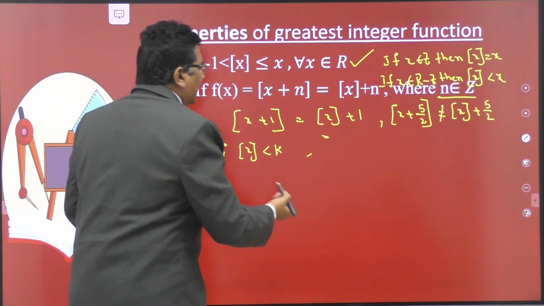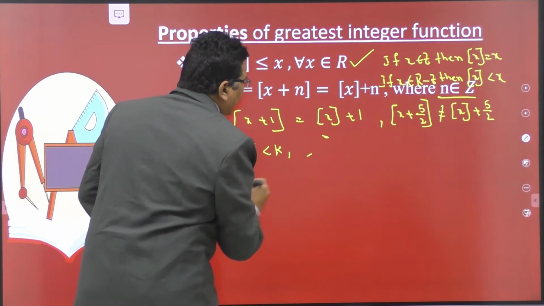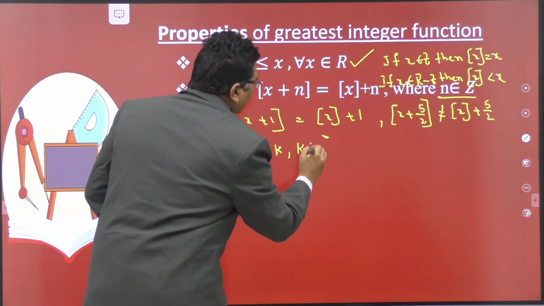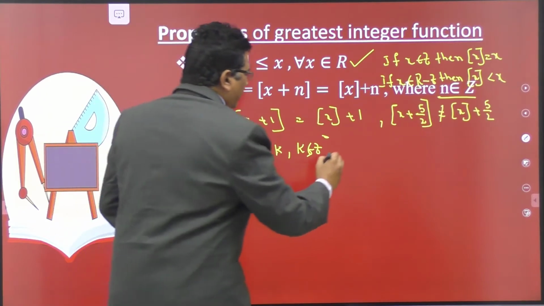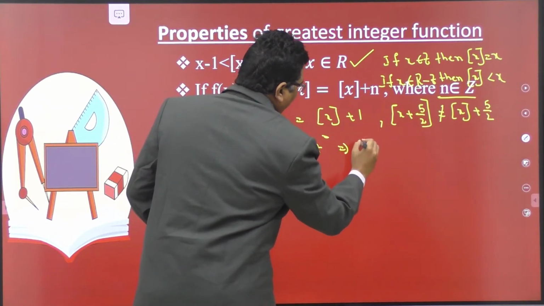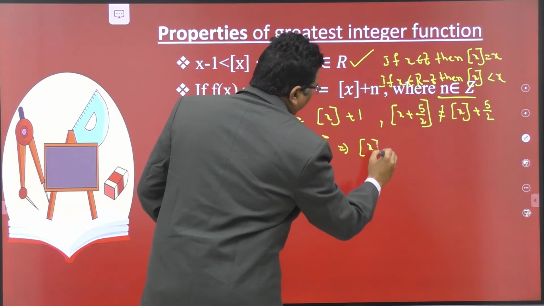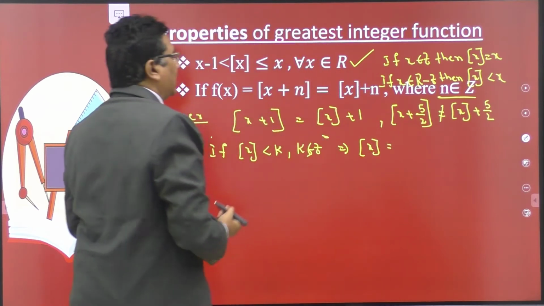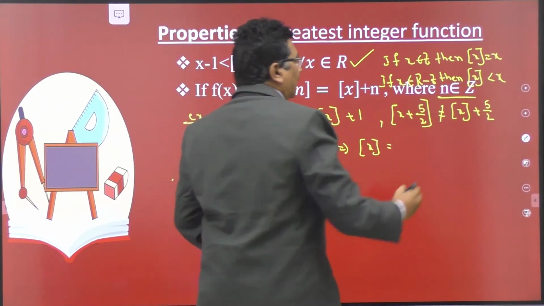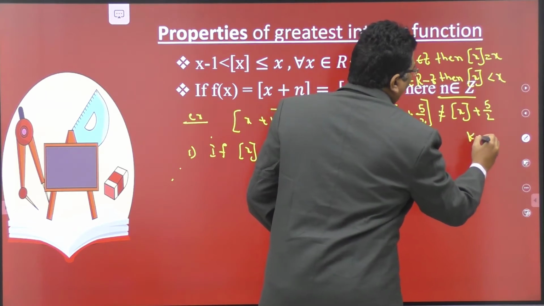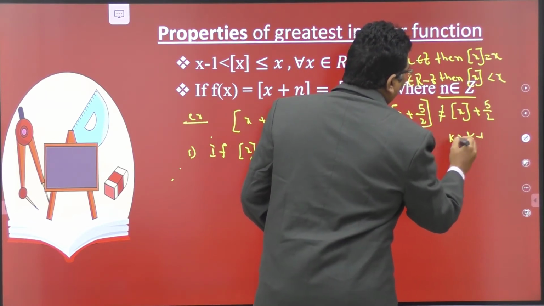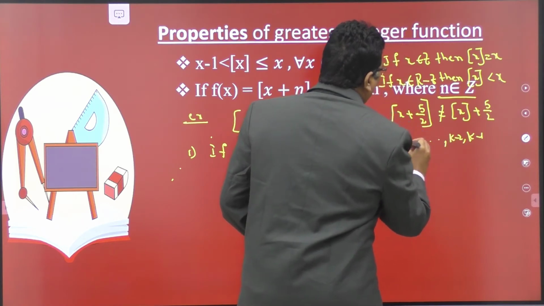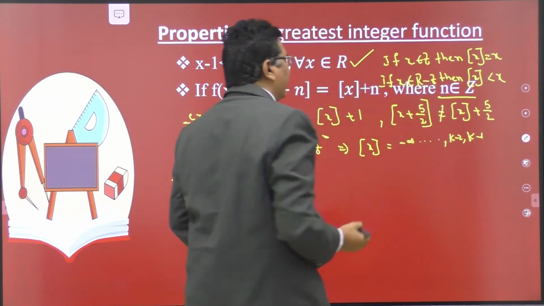If box x is less than k and k belongs to Z, that implies the values of box x are k minus 1, k minus 2 and so on, down to minus infinity.